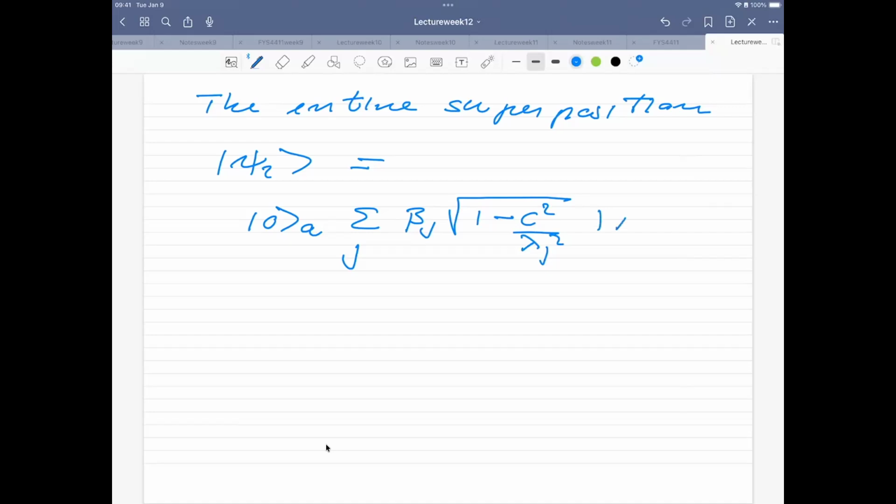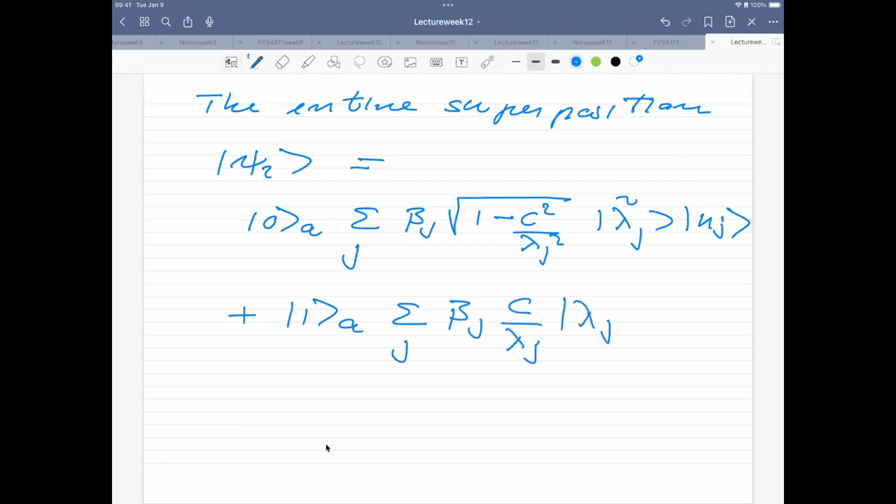This is multiplied with lambda J tilde, the QPE changed state of U of J, plus 1, and this is the ancilla qubit in a superposition now, EJ C of lambda J tilde of U of J.